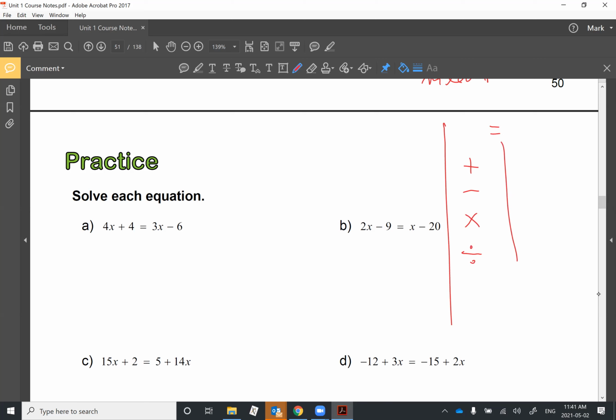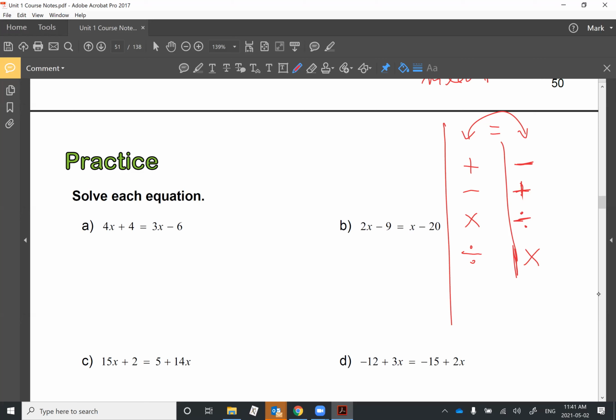Now, when you move these across an equal sign, and this is my personal favorite way to think about this: if you move a plus, minus, multiply, or divide across an equal sign, it becomes the opposite. So positives become negatives, negatives become positives, multiplieds become divides, and divides become multiply. This is not in your notes.